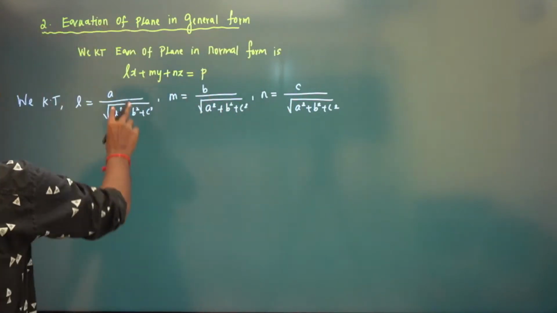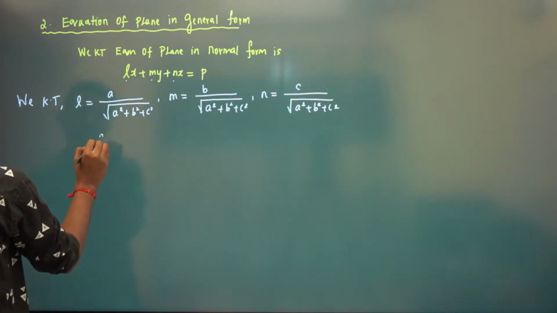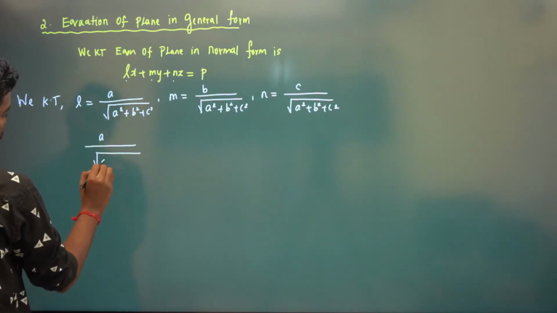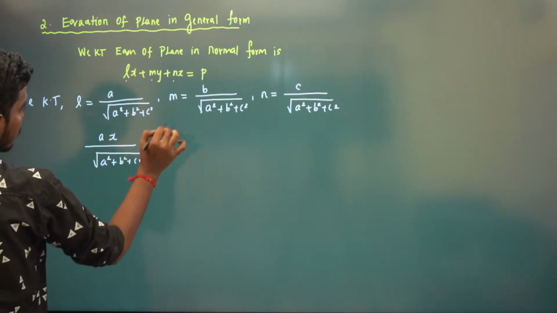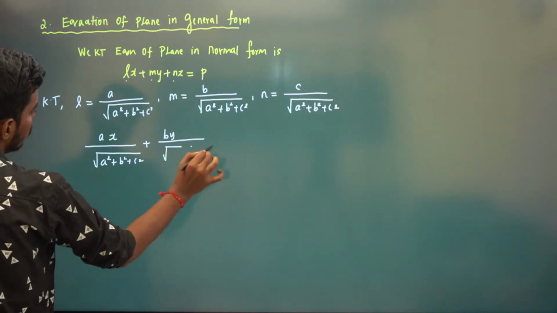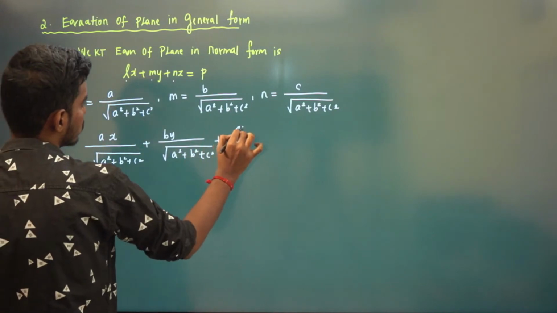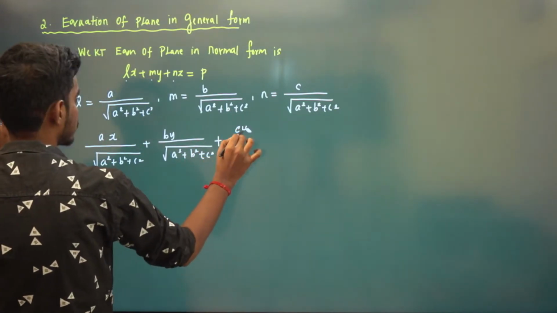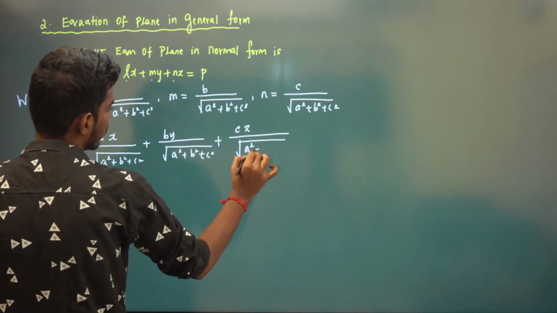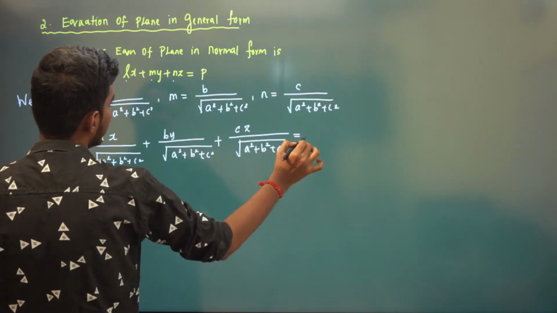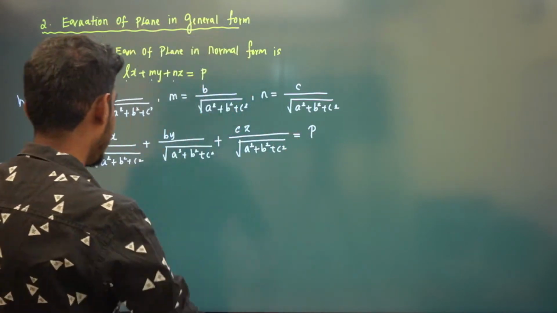Now we will replace L, M, N in terms of this. So we will have A divided by root of A square plus B square plus C square into X, plus B divided by root of A square plus B square plus C square into Y, plus C divided by root of A square plus B square plus C square into Z is equal to P. Let us take root of A square plus B square plus C square outside and take it to that side.